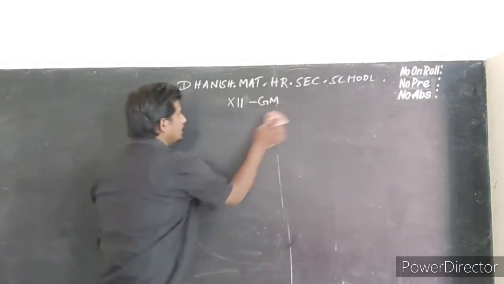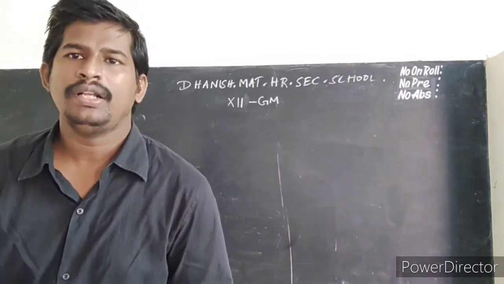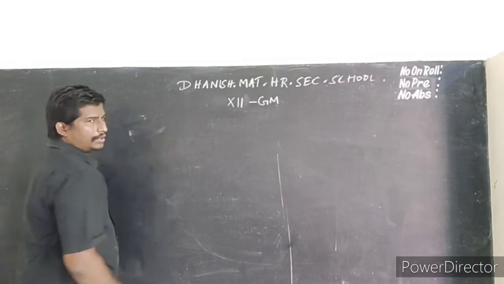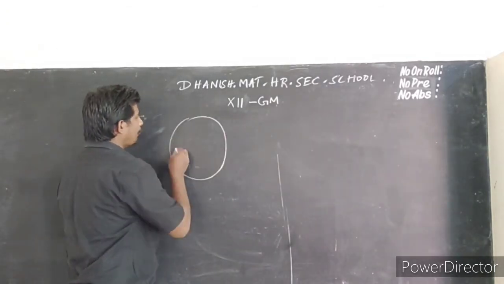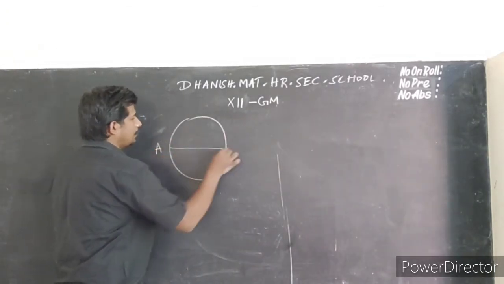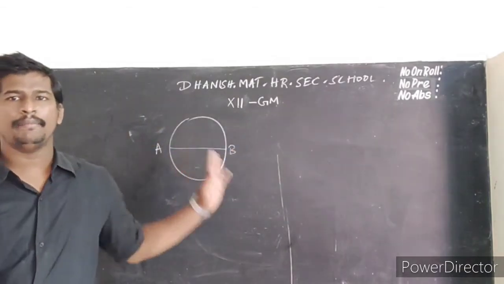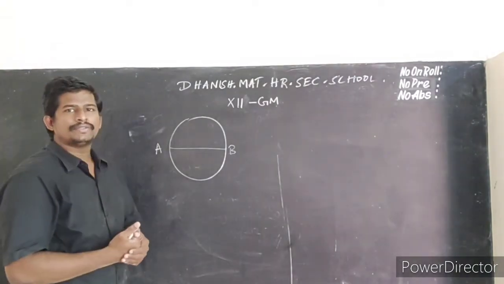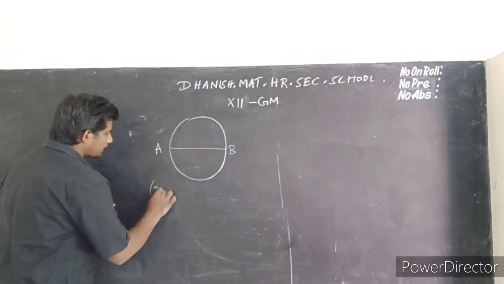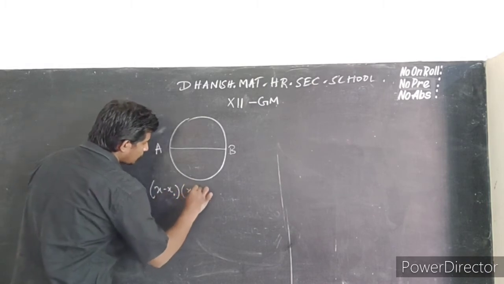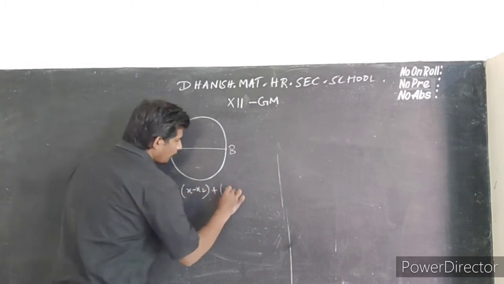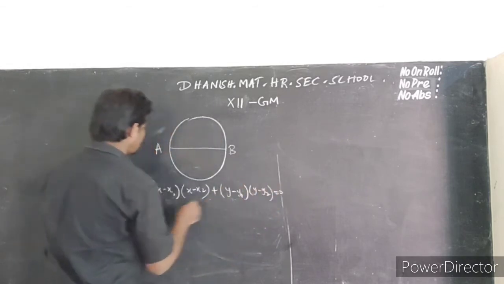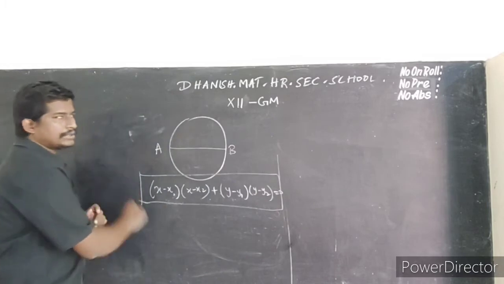When two end points of a diameter are given, suppose A and B are the end points of the diameter of a circle, then the equation of the circle will be (x − x1)(x − x2) + (y − y1)(y − y2) = 0. There is one theorem like this. We will see the proof later.